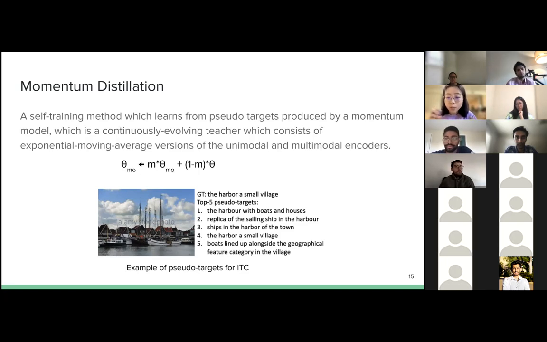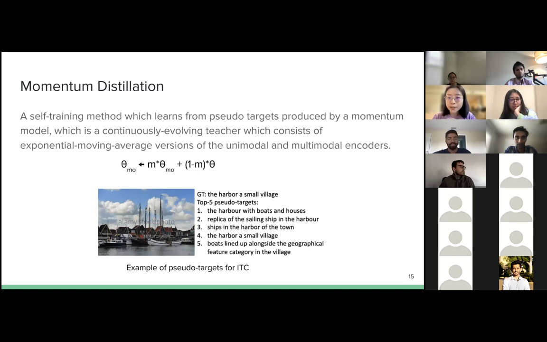That's why the group of authors proposed this self-training method, which learns from pseudo targets produced by the momentum model. To give you a quick recap of what knowledge distillation is about: usually during model distillation, we have a teacher model and a student model, and we aim to minimize this loss function so that the student model can learn from the knowledge in the teacher model, by matching the logits predicted by the teacher model.